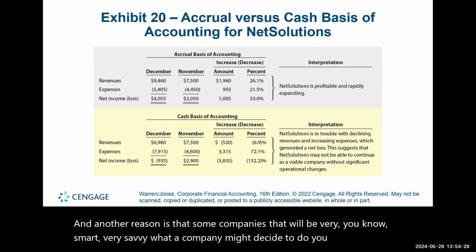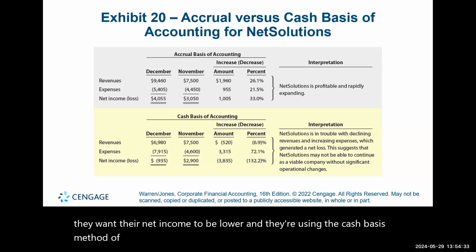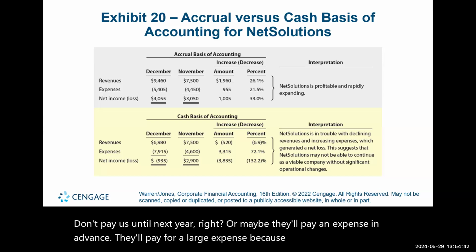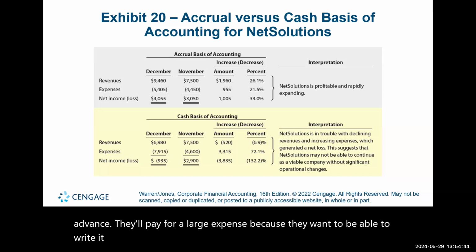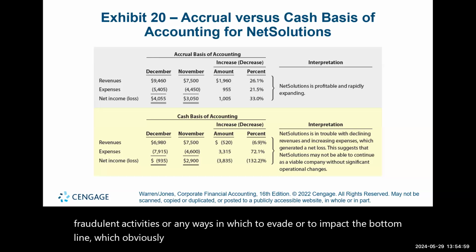Let's say they want their net income to be lower and they're using a cash basis method; they'll say, hey, don't pay us until next year, or maybe they'll pay an expense in advance. They'll pay for a large expense because they want to write it off in the specific year. So under GAAP, this helps to avoid fraudulent activities or any ways to evade or impact the bottom line, which obviously will have an impact on taxes due.